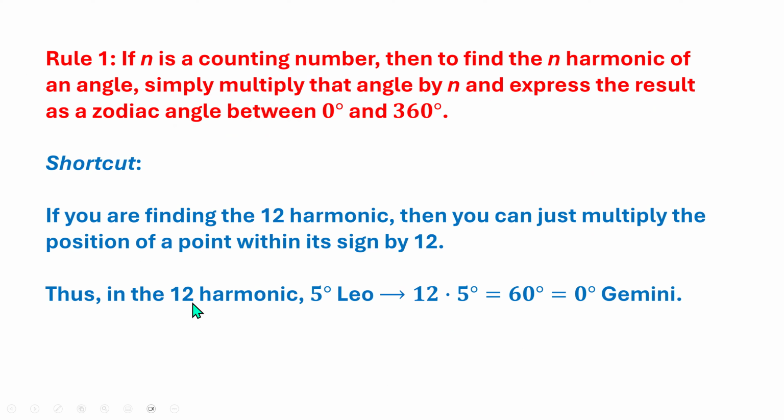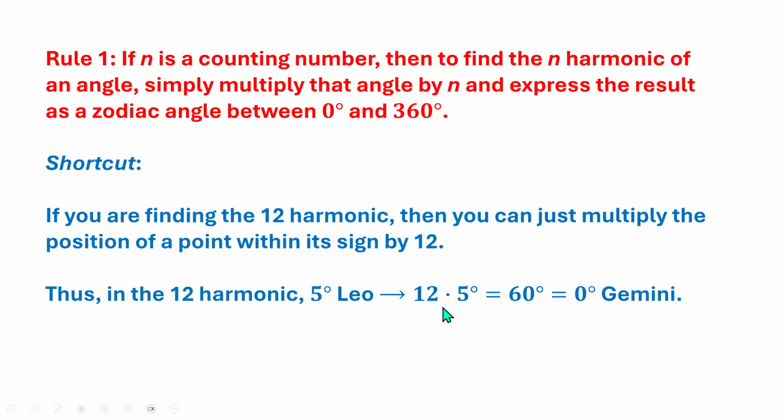So if I want to find the 12 harmonic of 5 degrees Leo, you could note that that's 125 degrees from 0 degrees Aries, multiply that by 12 and then reduce it. But my shortcut says, in this particular instance, for the 12 harmonic, all I need to do is find the position within the sign of Leo, in other words, 5 degrees, and multiply that by 12. And I get 60 degrees, which corresponds to 0 degrees Gemini.